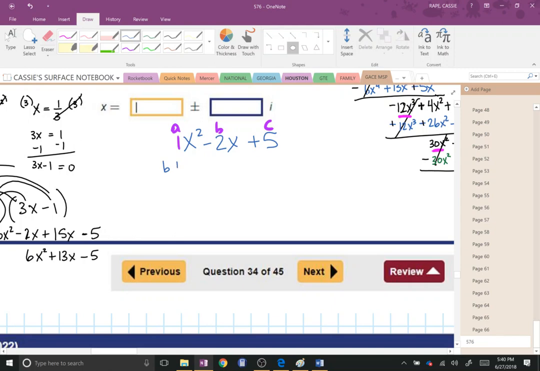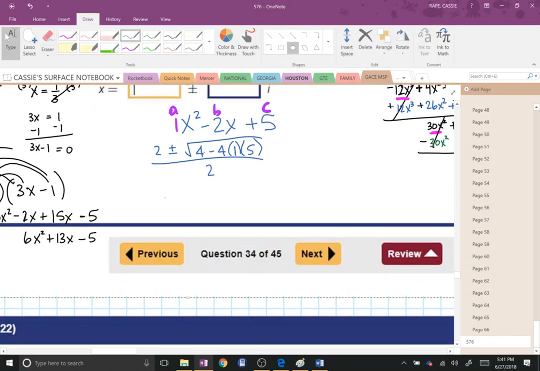Negative B plus or minus the square root of B squared minus 4AC, all over 2 times A, which is 2.